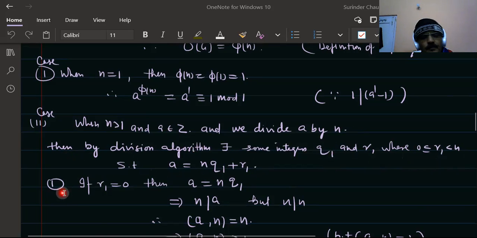Now again two possibilities. If r1 is equal to 0, meaning a is completely divisible by N, then a is equal to N q1.